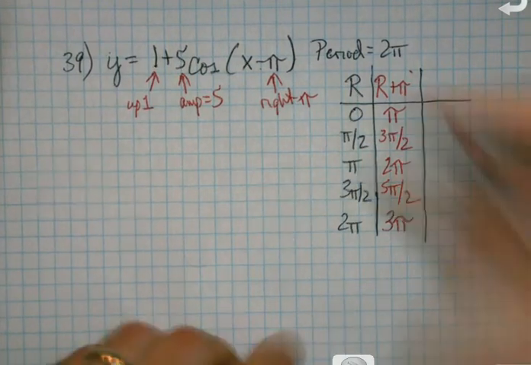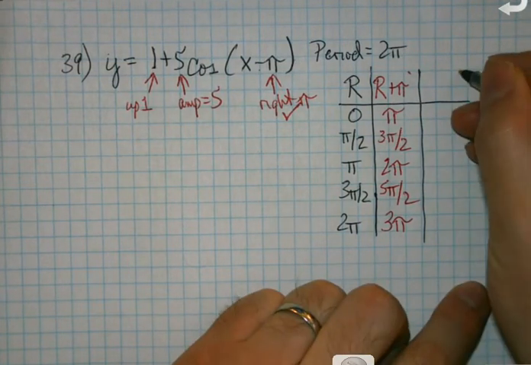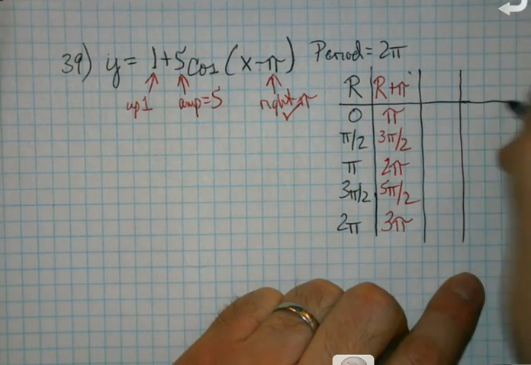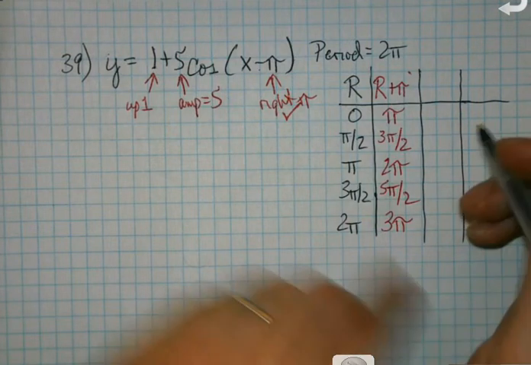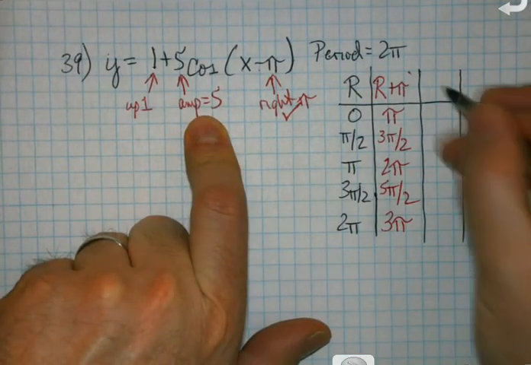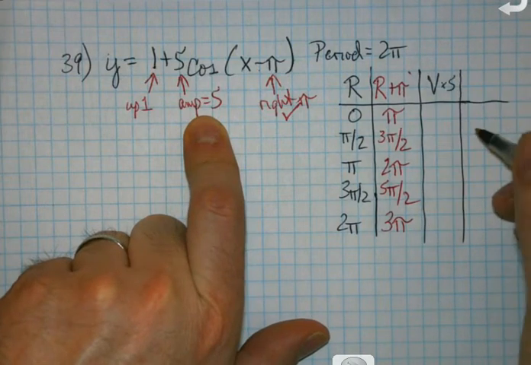Okay, so we've got the shift taken care of. Then we're going to get crazy on this one just because, again, there's a lot of things going on. My amplitude's what I'm going to deal with next. So I'm going to take my value and times it by 5.